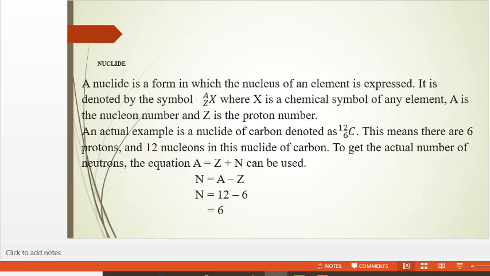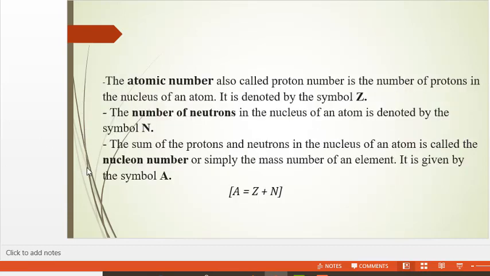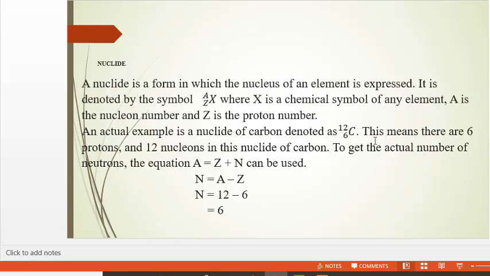Now, we have looked at an equation that we can use to relate mass number or nucleon number to proton number and neutron number. When we look at a nuclide, like in this actual example of carbon 12, the information we are getting is that in an atom of carbon 12, the nucleus contains 12 particles altogether.